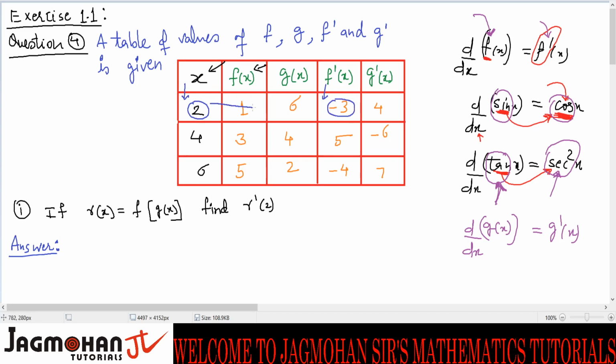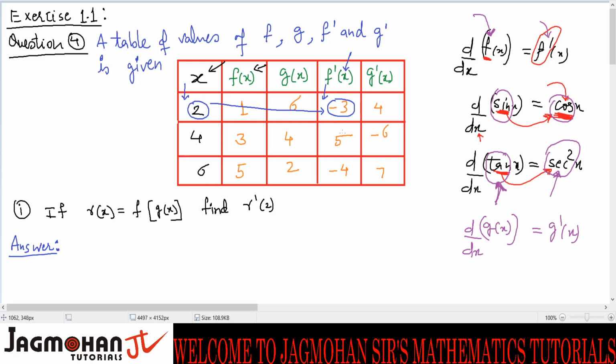So what are you doing? You are just plugging in, and see, in front of the x value, it comes down under f dash. So this is f dash 2 when x is 2.